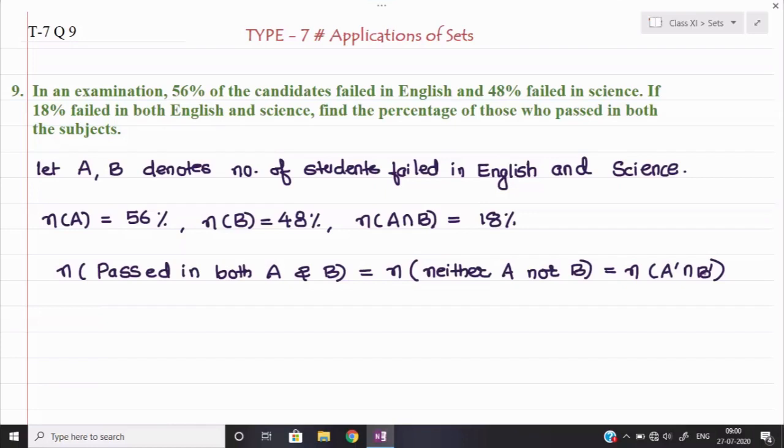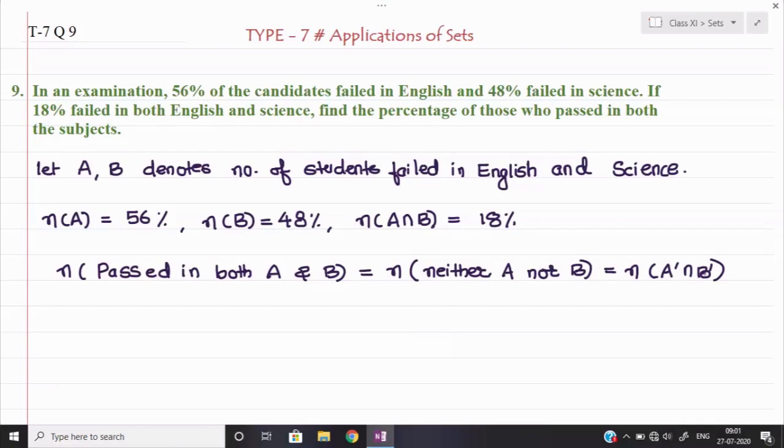And fourth, they may have passed in both. Because if one has failed in English, it means they may have passed in science. So there will be 4 categories. Failed in English but passed in science. Failed in science but passed in English. Then failed in both, so A intersection B, and passed in both, which we say is A dash intersection B dash. That we need to find out here.